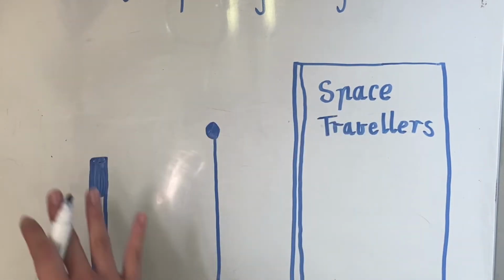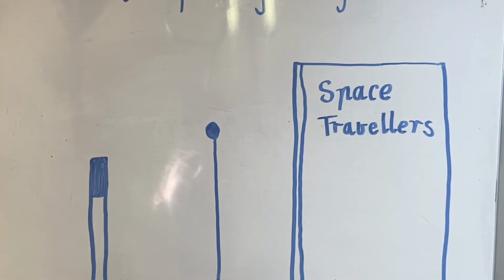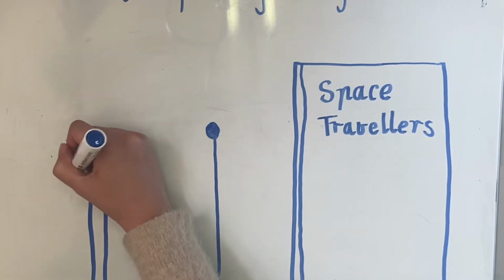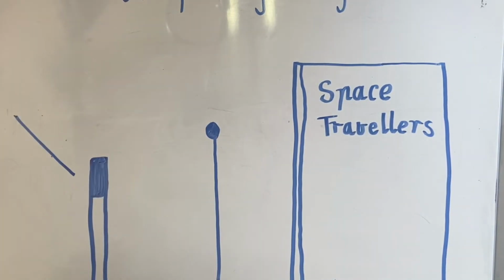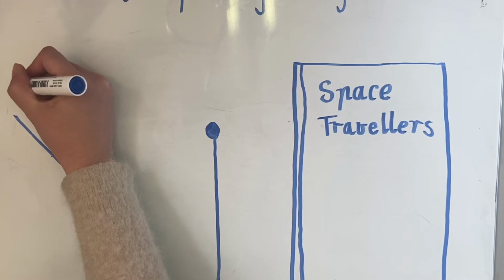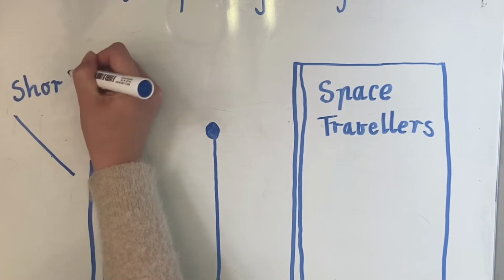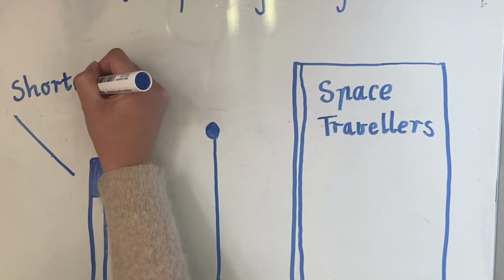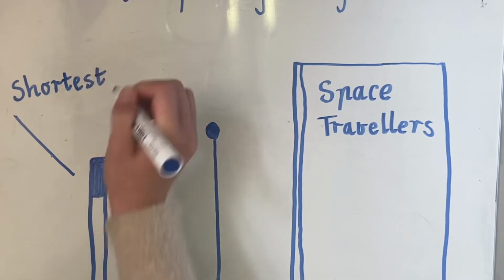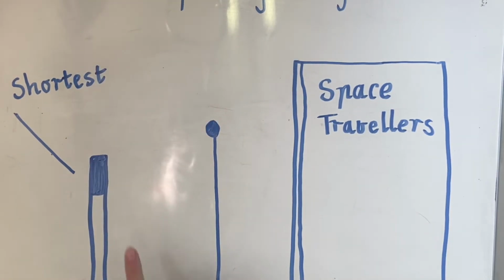There's no object here that is shorter. That was our whiteboard marker. So I'll label that one as shortest. Okay, that's our shortest one.